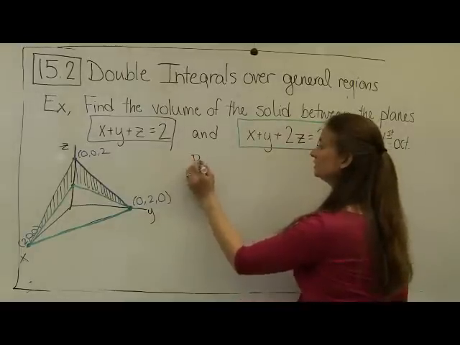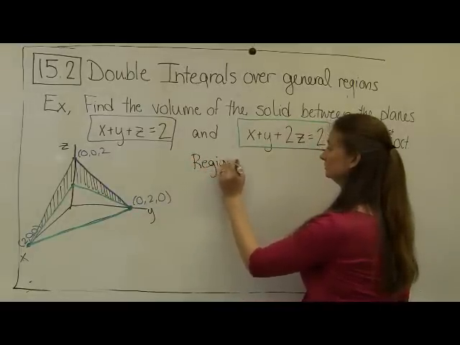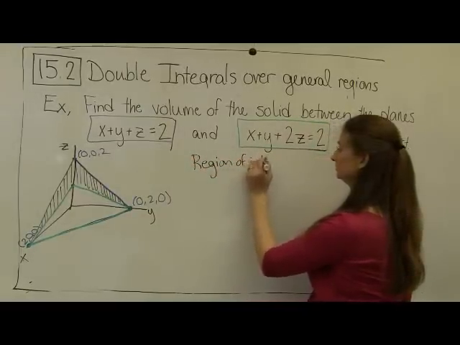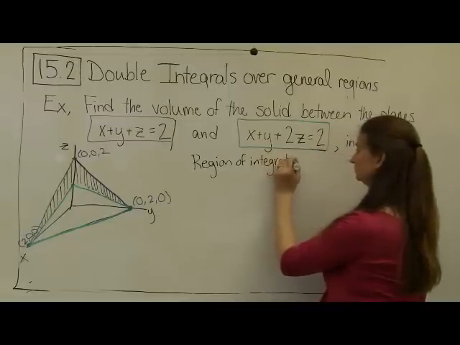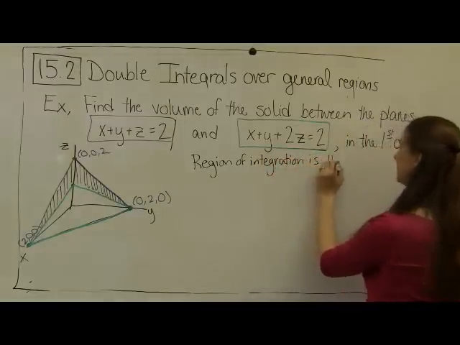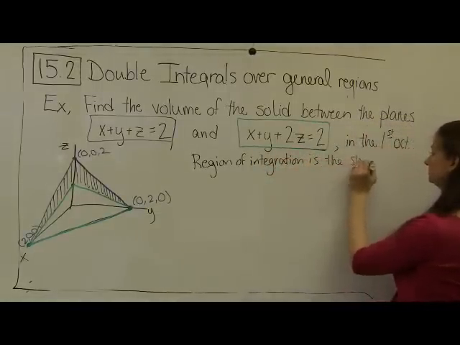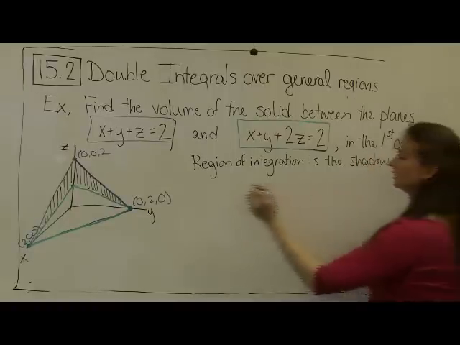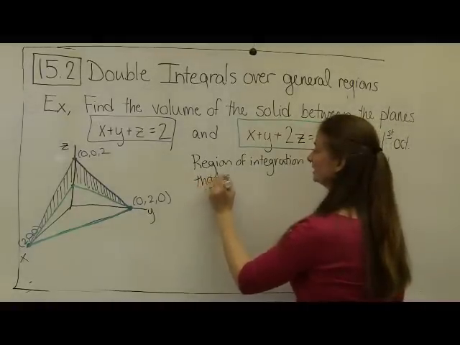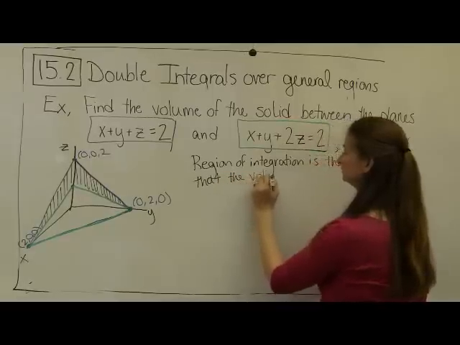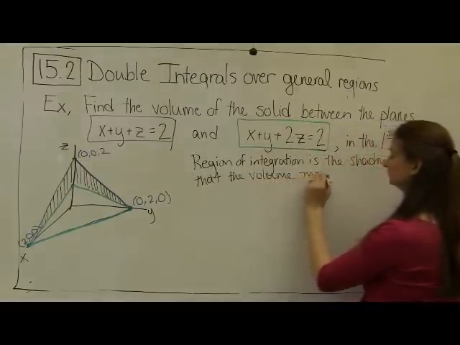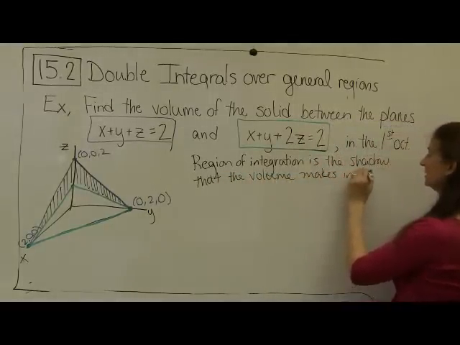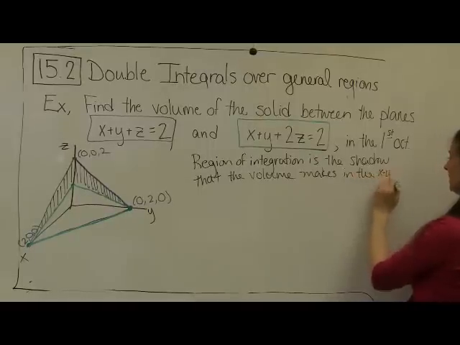So in general, the region of integration is the shadow that the volume makes in the xy plane.